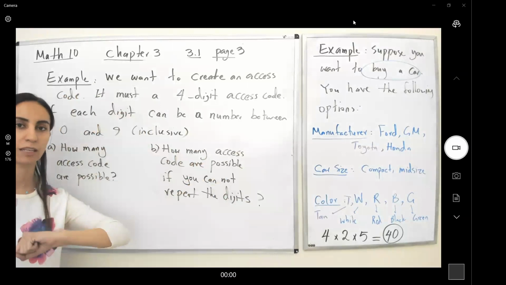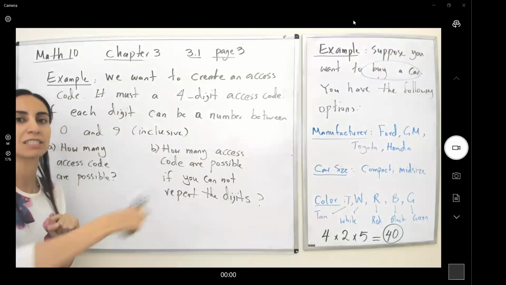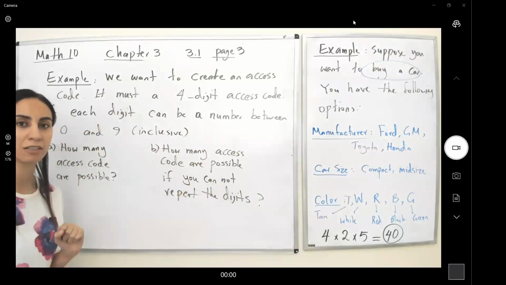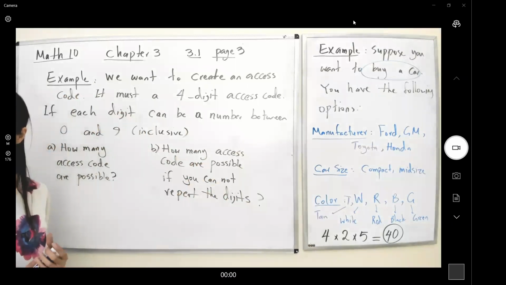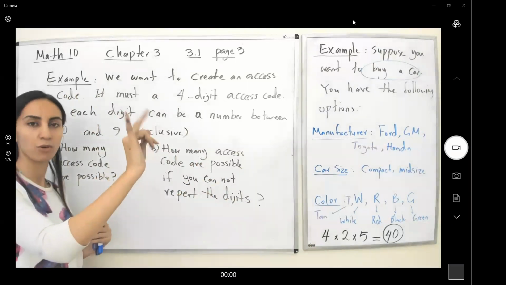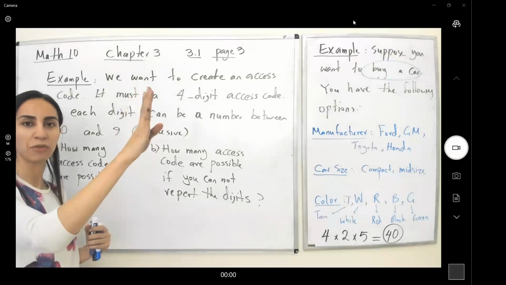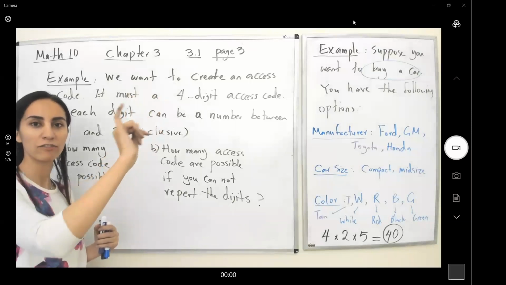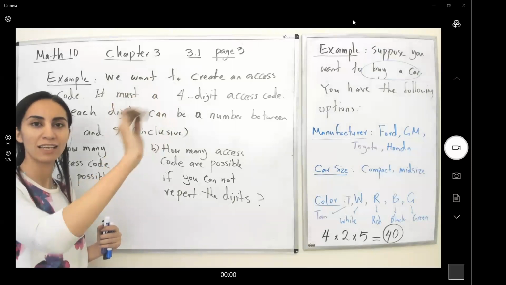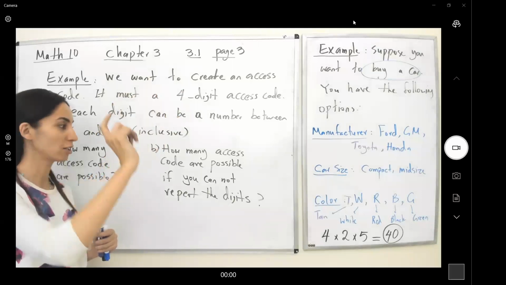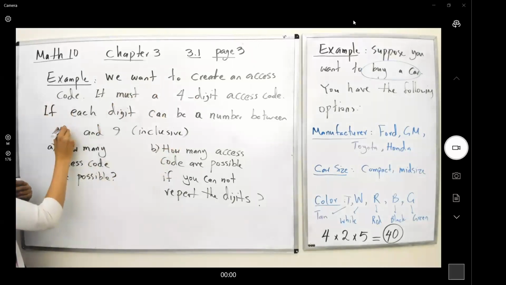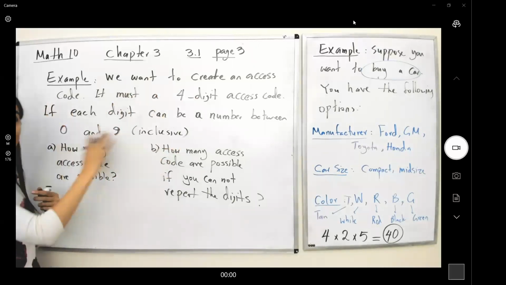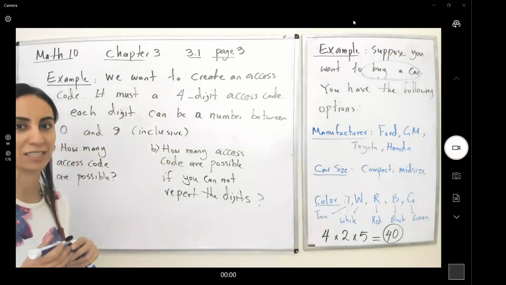It means that if you select the first digit, you cannot have the same digit in other places. So here you have 0, 1, 2, 3, 4, 5, 6, 7, 8, and 9. Guys, 0 is included. You have 10 options.